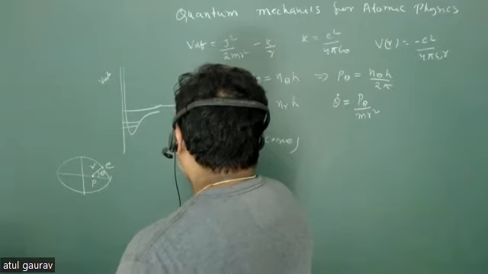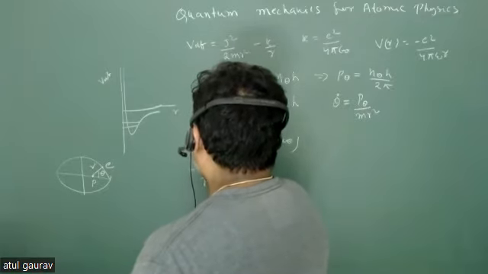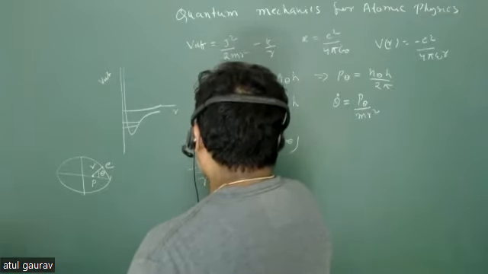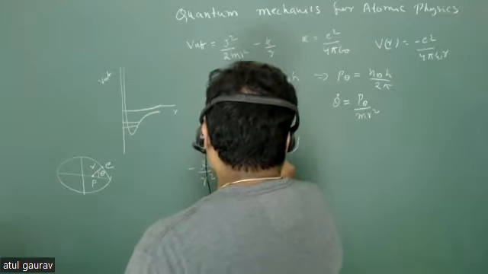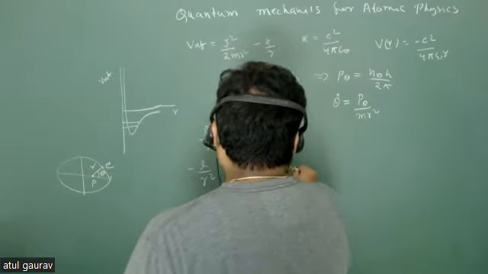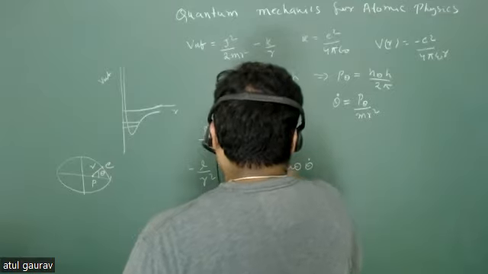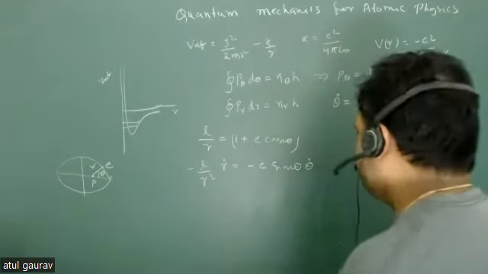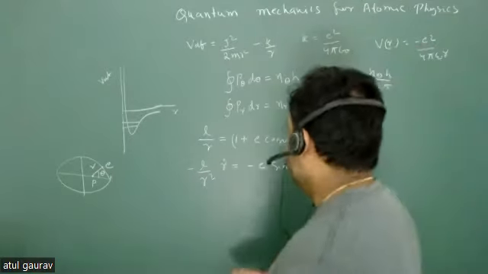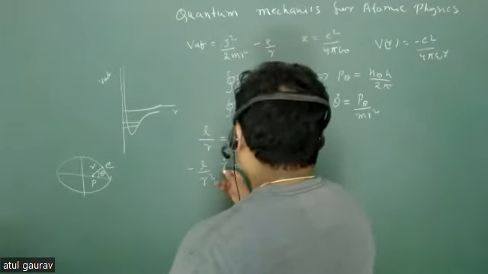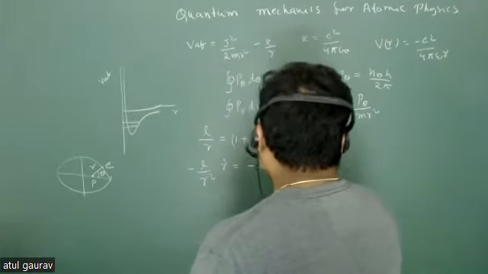Minus l upon r square r dot is equal to minus e sin theta theta dot. Can you write that? And from here we can find it. And what can you write for theta dot?